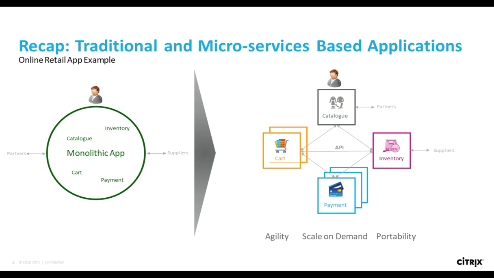So let's start with the basics. What is the difference between traditional and microservices-based applications? Here we are looking at a very simple representative example of an online retail application.